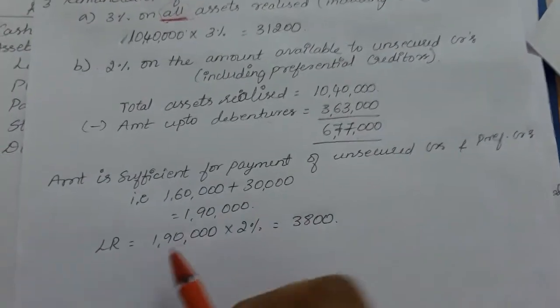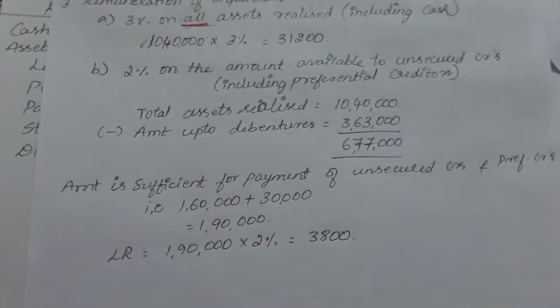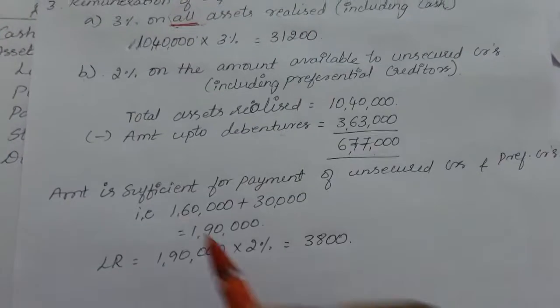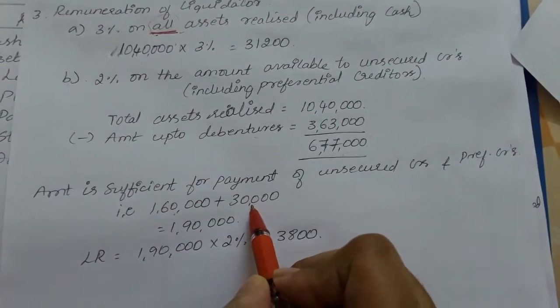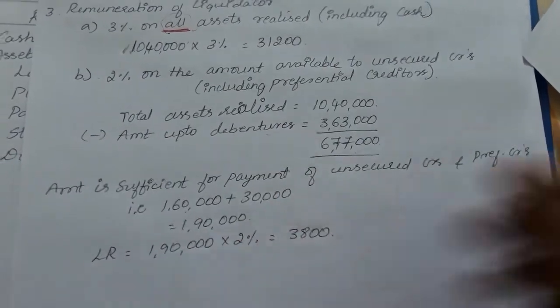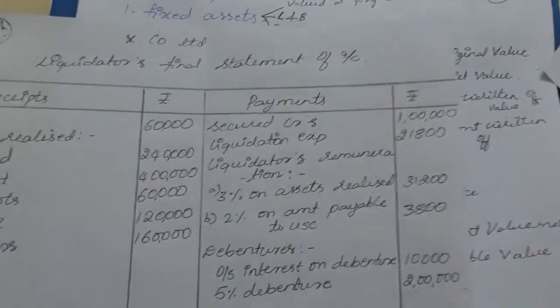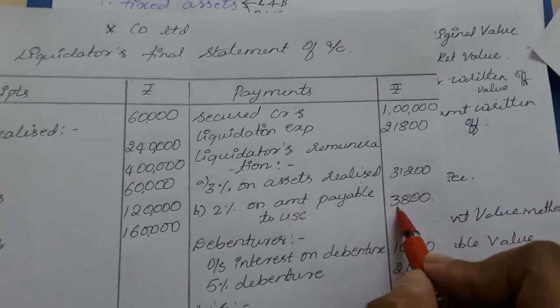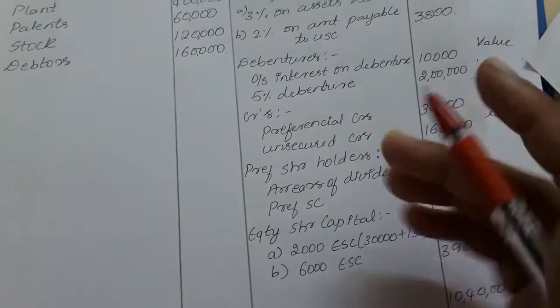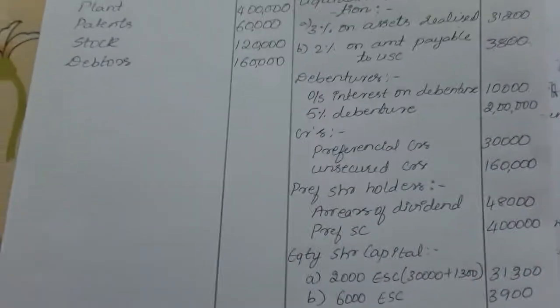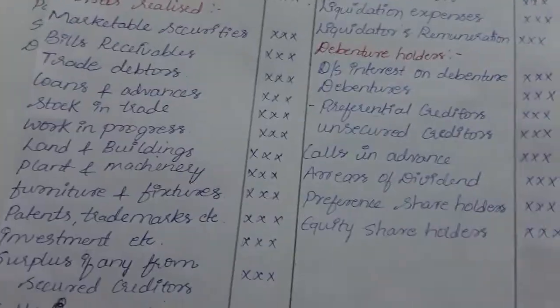So calculating the liquidator's remuneration is simple: 1,60,000 unsecured creditors plus 30,000 preferential creditors, 1,90,000 into 2%, which is 3,800. Next, according to the format we have calls in advance.